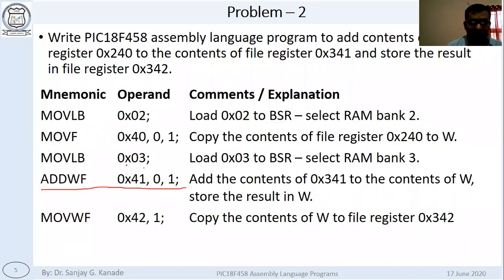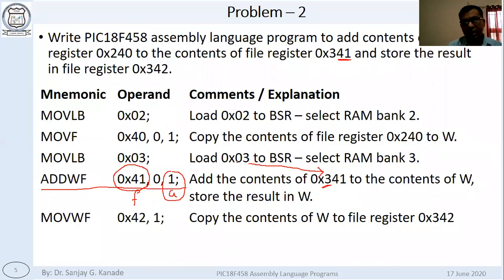Again, note that in the instruction, when this F is written, F is only 8 bits, 41, and those are the lower 8 bits of the full address. And because of this A equal to 1, the upper 4 bits are taken from BSR.